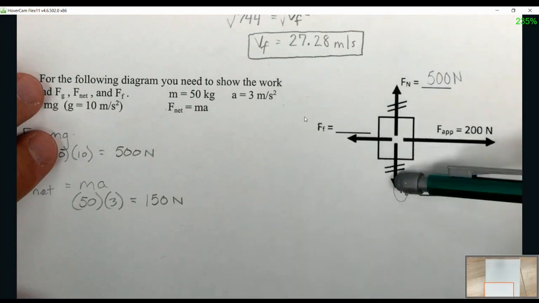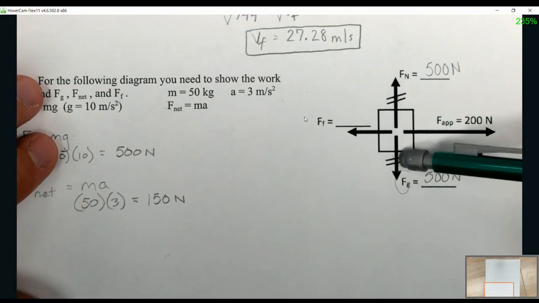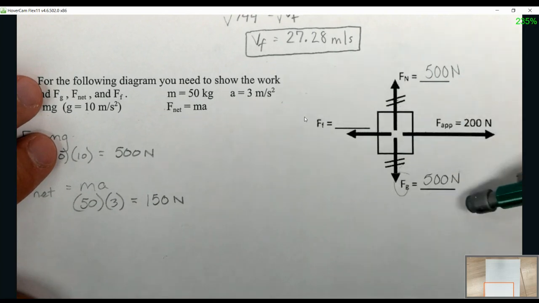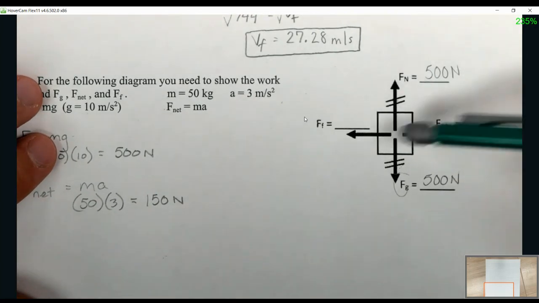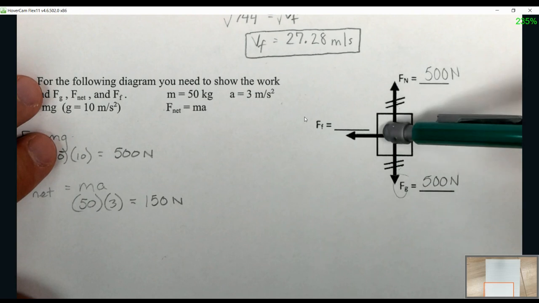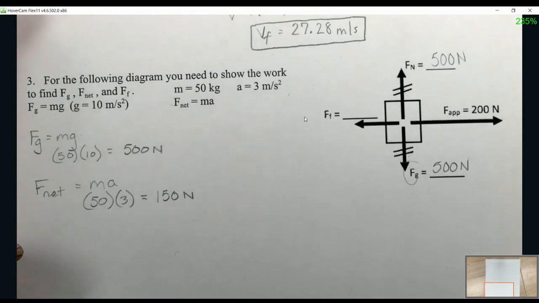So these two arrows appear to be equal in size, which would make sense because they're equal in magnitude, 500 and 500. Left and right are not equal in magnitude. It looks like the right side is bigger. So that would tell you that the direction of the net force would be what? Net force has got to be the dominant force. If the right side is bigger than the left, what would the direction of the net force be?